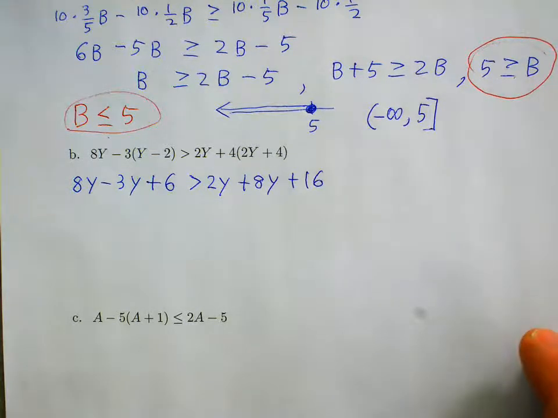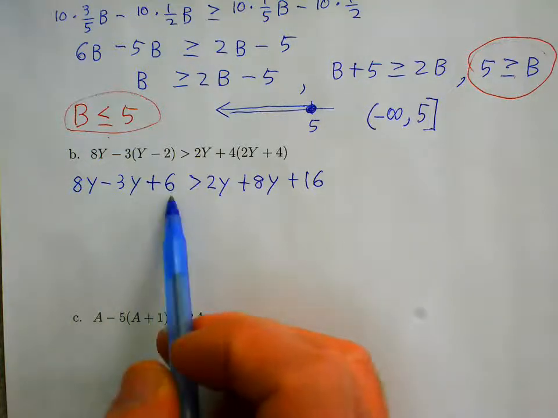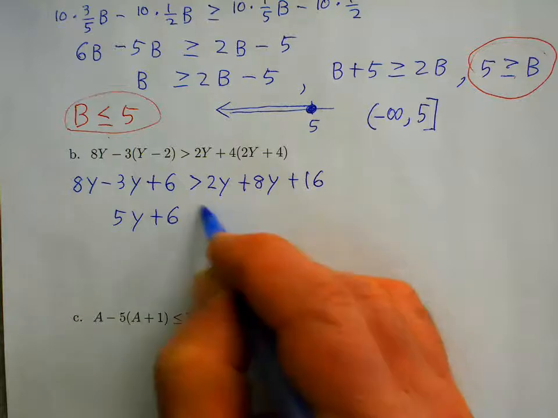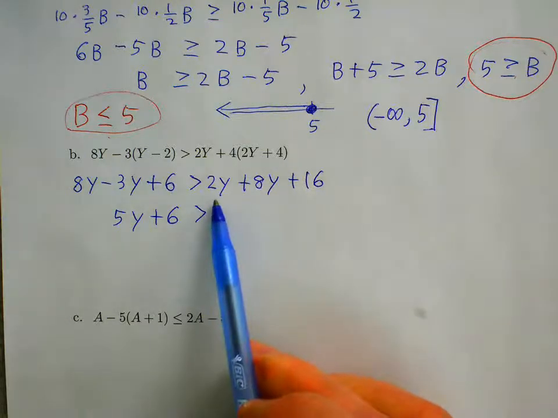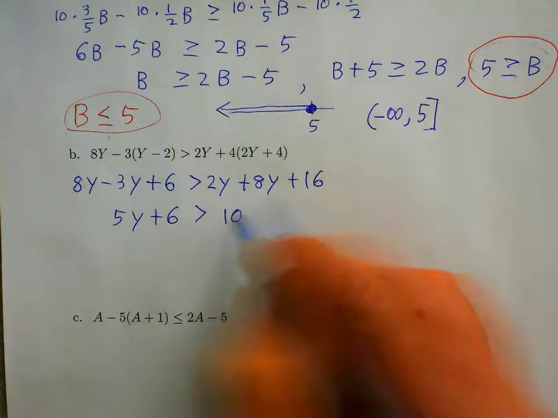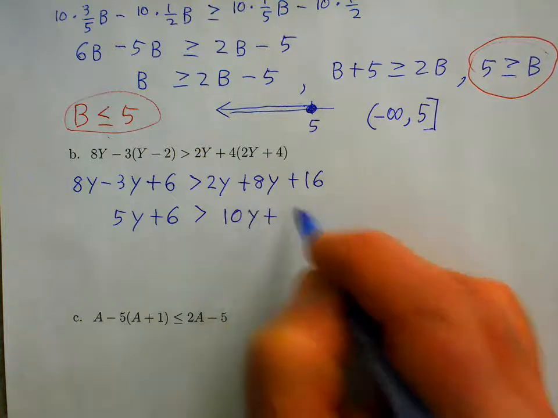We can simplify further on both sides. 8y minus 3y plus 6 is 5y plus 6 on the left-hand side. On the right-hand side, 2y plus 8y plus 16. 2y plus 8y is 10y.